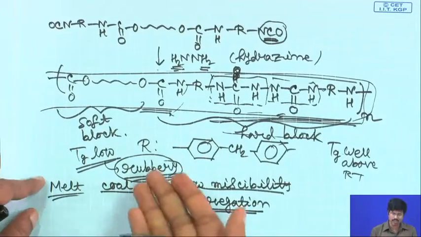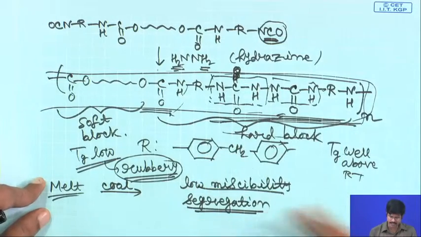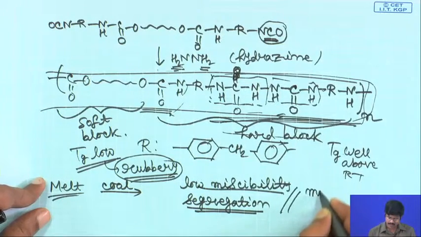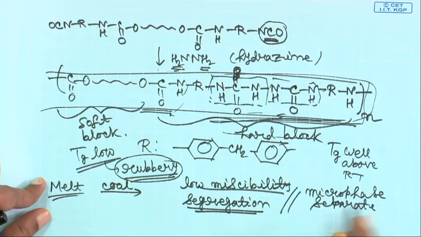So, when you cool down the melt, the hard blocks and soft blocks do not mix and they segregate. So, basically they will micro phase separate. So, basically you will get a two phase system.